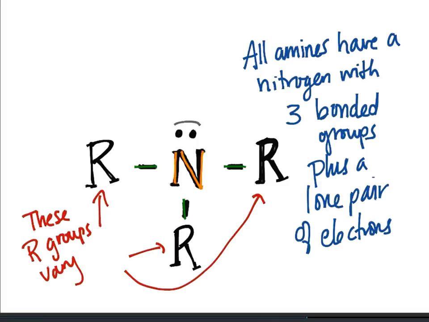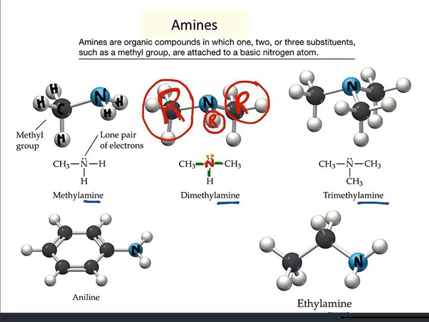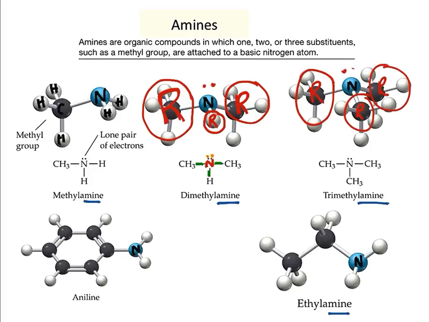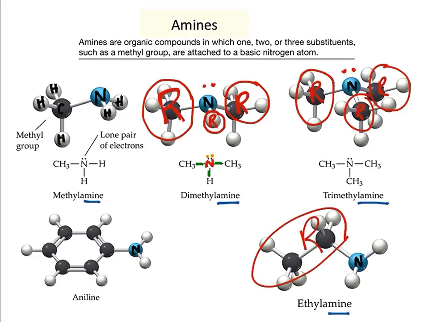That lone pair really wants to have a hydrogen ion attached to it. And so that is why it tends to be basic. It tends to take a hydrogen ion that bonds to that nitrogen where that lone pair is. So in all of these examples, these are all like ammonia. Each nitrogen has 3 bonded groups. If you just consider that an R group, this hydrogen is another R group, this hydrogen is another R group.